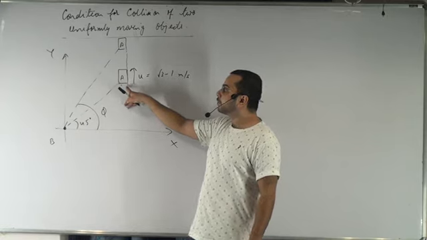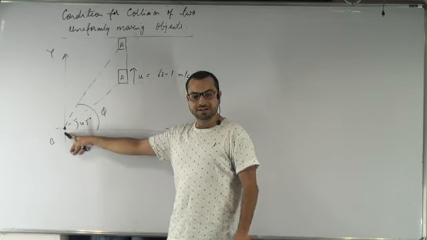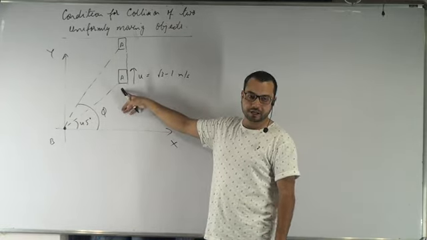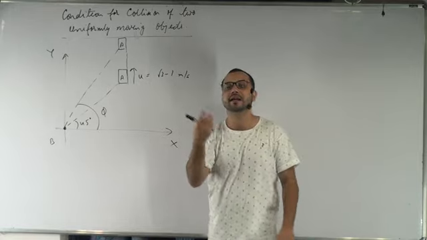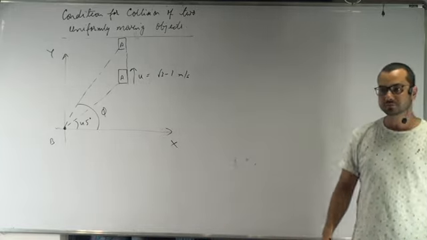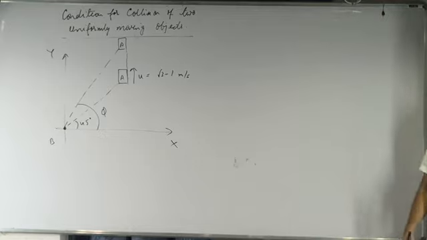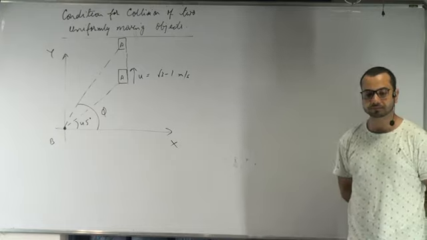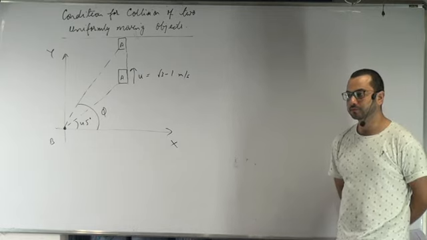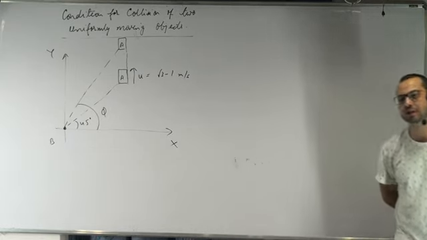You have to find out the velocity of the ball relative to the trolley and what angle it is making with the x-axis. Can you think of it? Both the objects are uniformly moving and you are observing it with respect to the trolley.